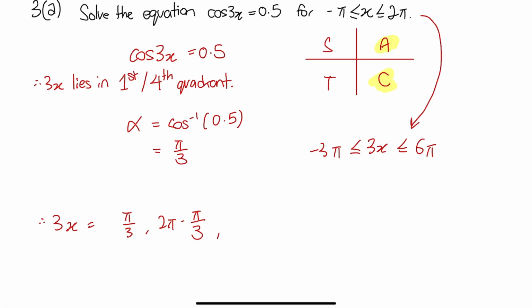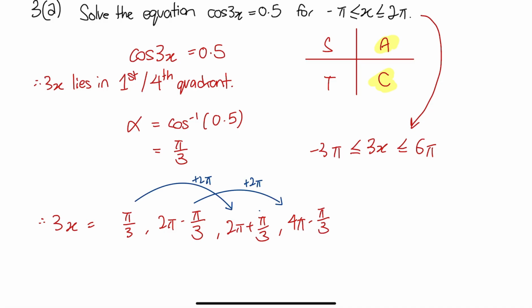To find more solutions, I add one cycle, which is 2 pi. I'll get 2 pi plus pi over 3, still within the range of less than 6 pi. I can continue adding 2 pi to the next solution, 4 pi minus pi over 3, still within the range.